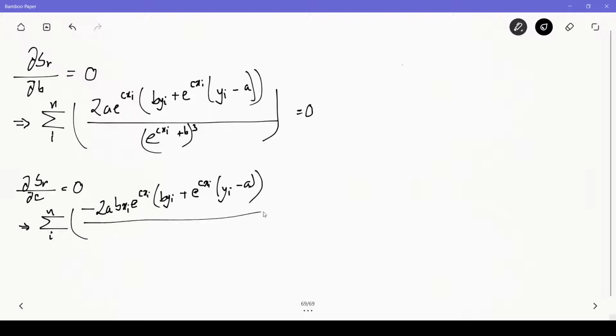This whole thing at the numerator, and at the denominator we have e to the power cxi plus b whole cube. So this whole thing is equal to 0.